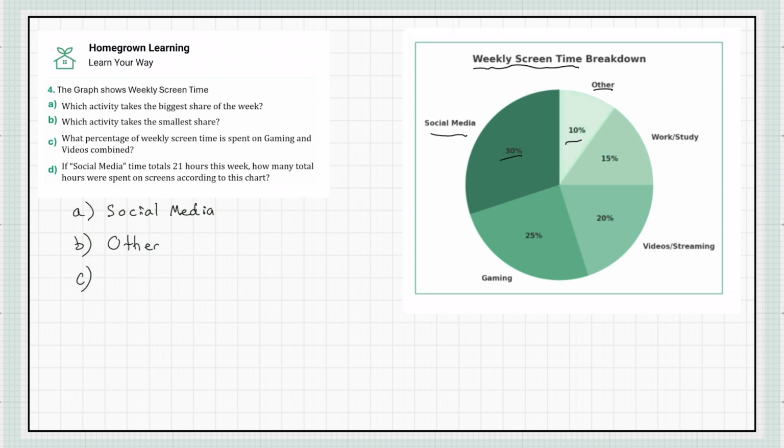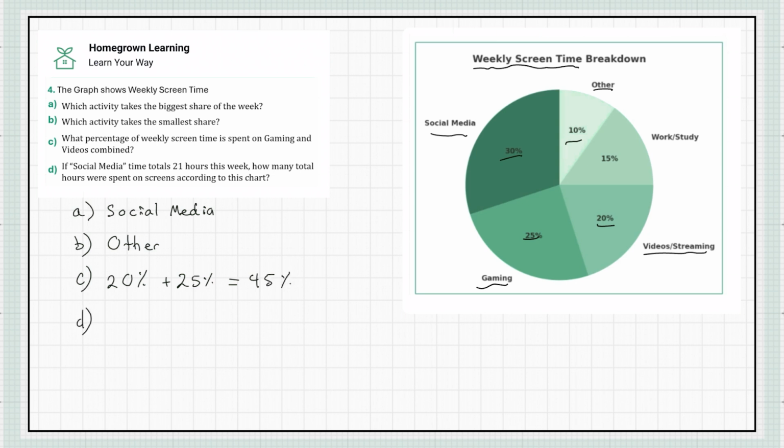What percentage of weekly screen time is spent on gaming and videos combined? Well, videos and streaming is here at 20%, and gaming is here at 25%. So we just do 20% plus 25% is equal to 45%.